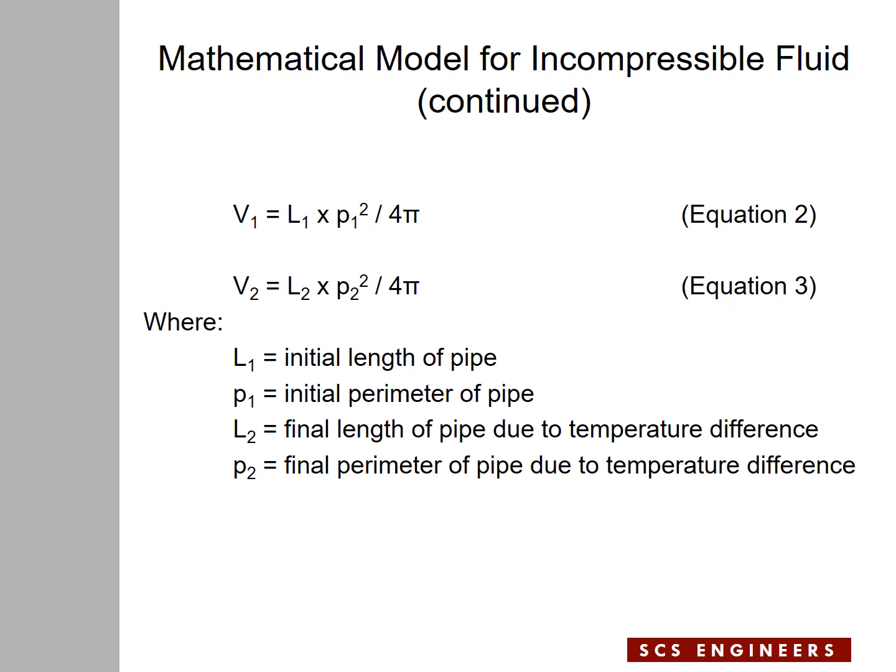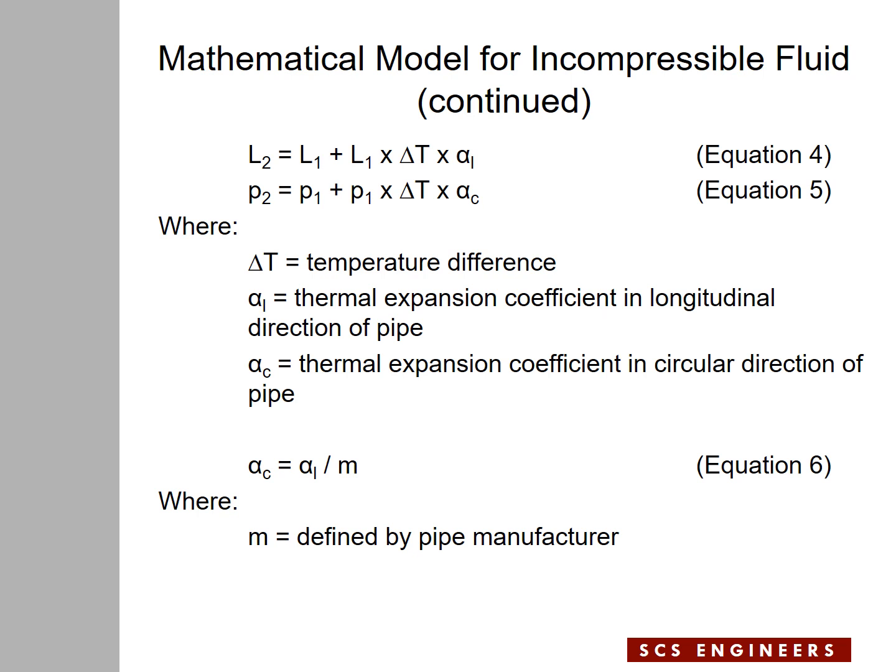Similarly, V2 is equal to L2 times P2 squared over 4 pi, L2 being the final length of the pipe due to temperature difference, and P2 being the final perimeter of the pipe due to temperature difference.